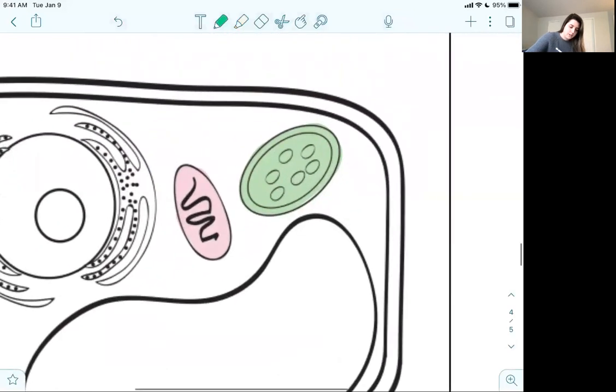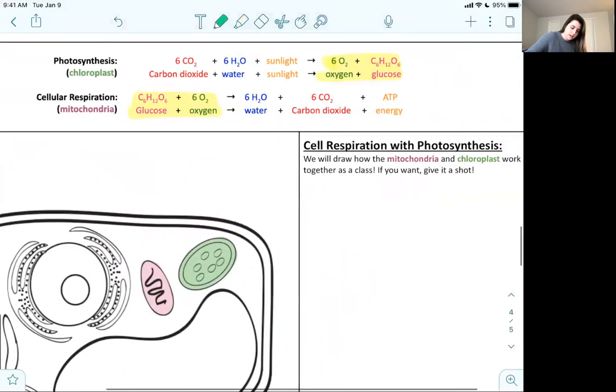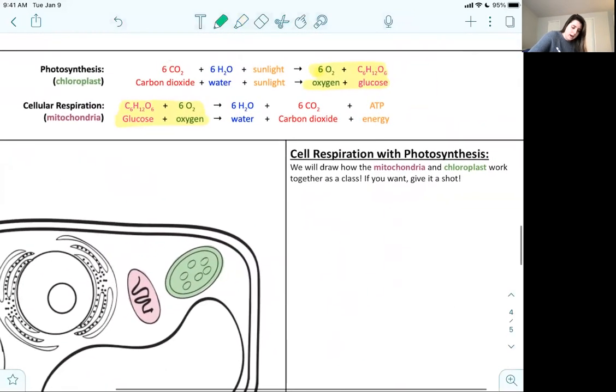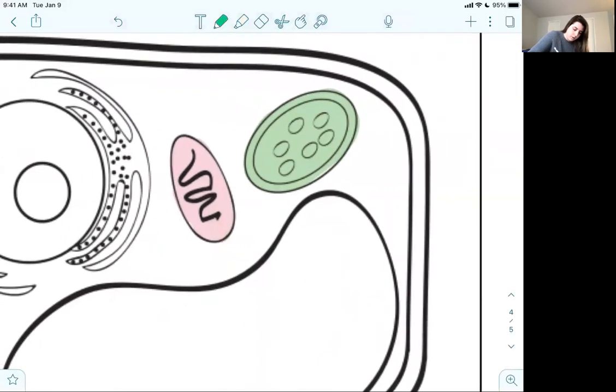And if I take a look at these two sections, we are really focusing here on the oxygen. So we know that, again, in chloroplasts, oxygen is an output of photosynthesis. So we know that oxygen is leaving the chloroplast. Okay, so I'm going to draw that. Oxygen out of our chloroplast.